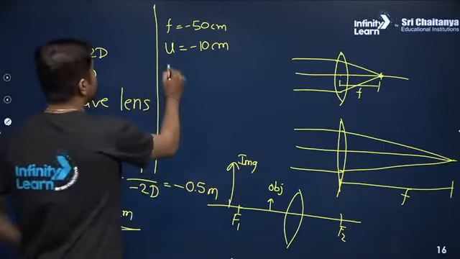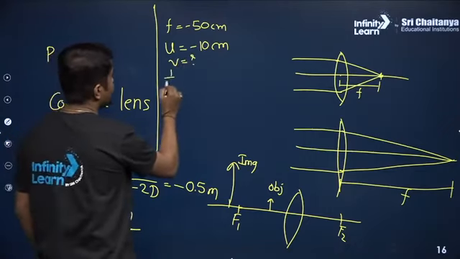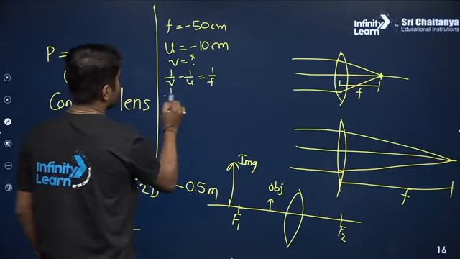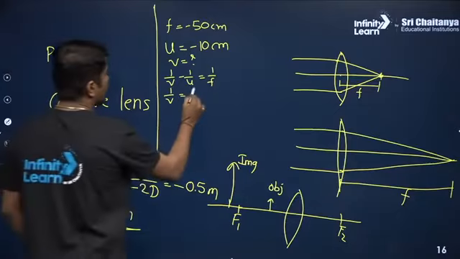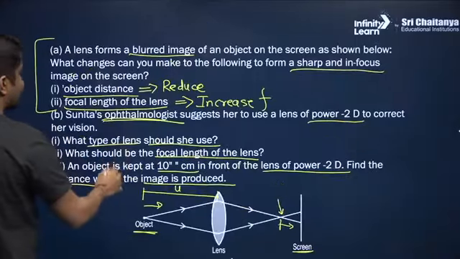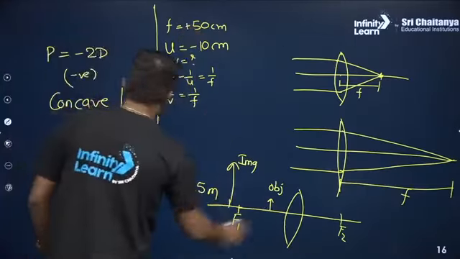Okay, so we have to calculate what is V. So how will you find? So we know the lens equation, 1 by V minus 1 by U is 1 by F. So 1 by V is how much? 1 by V is 1 by F. Sorry, there is a convex lens. So the focal length is positive. Sorry, it is negative. This is not a convex lens.